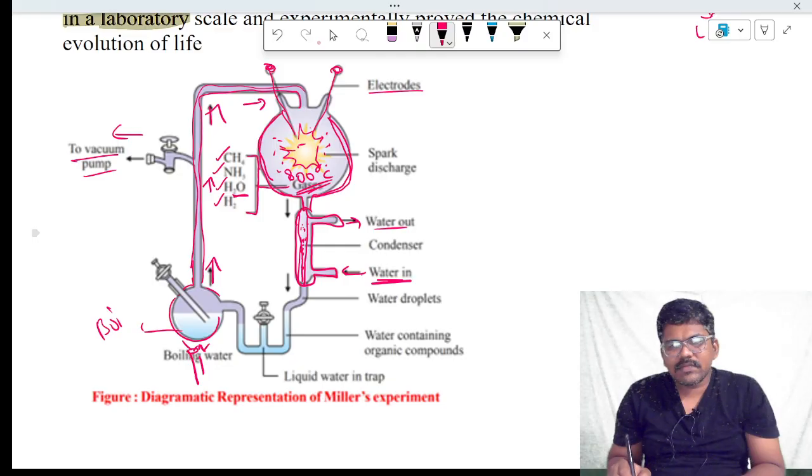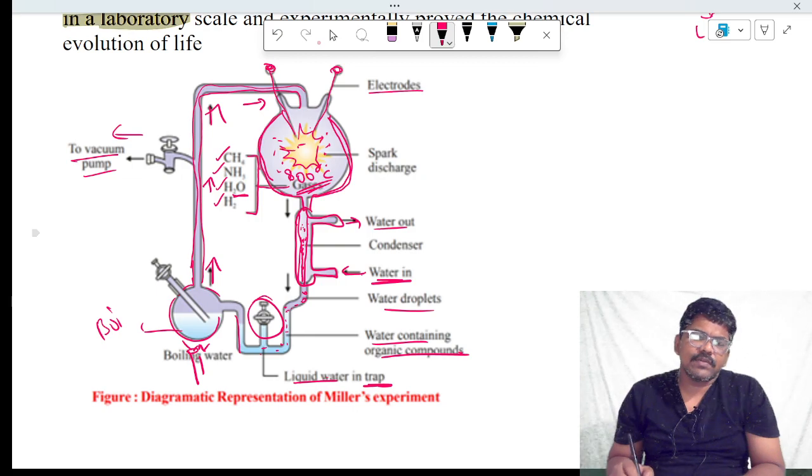After that, the organic substances are collected in a trap. This is the U-shaped trap. Within this trap you can see liquid water, which contains the organic compounds formed in the main flask. We can then collect the organic substances from here.